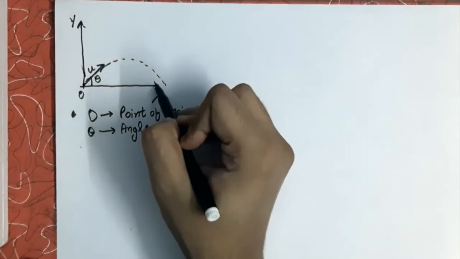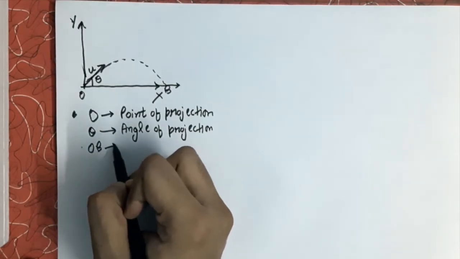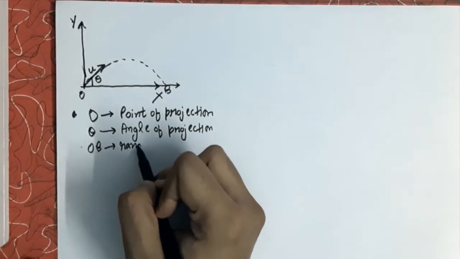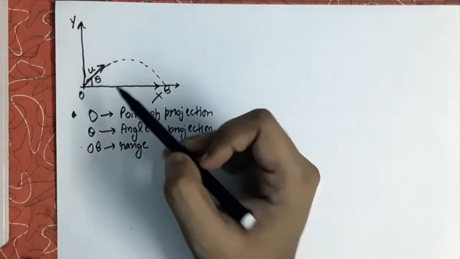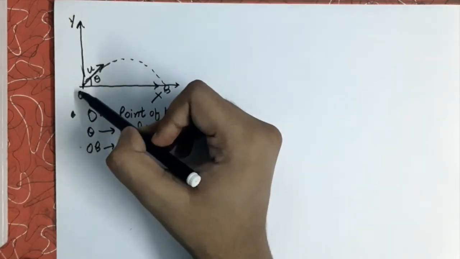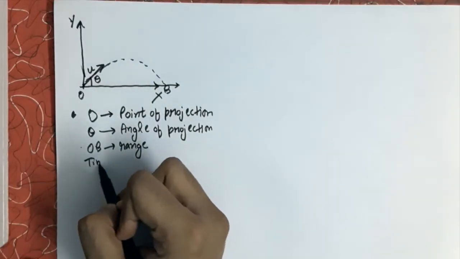Suppose this is B. This OB is known as the range, and the time taken by the ball to go from O to B is known as the time of flight.